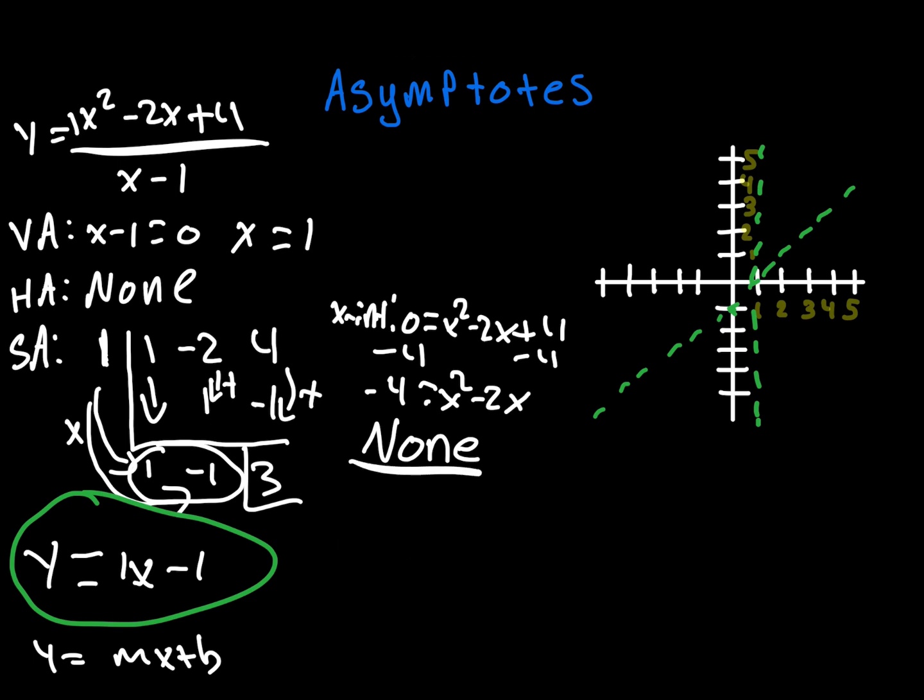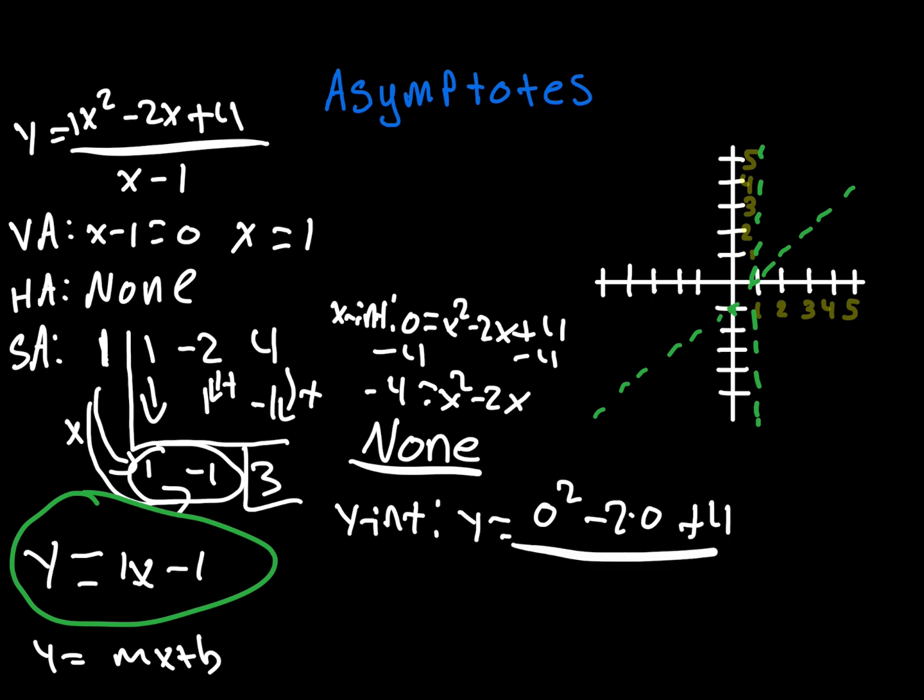And then moving on to our y-intercepts, we plug in 0 into our x's. So y equals 0 squared minus 2 times 0 plus 4 over 0 minus 1. 0 squared is 0, negative 2 times 0 is 0, so it would be 4 over negative 1.